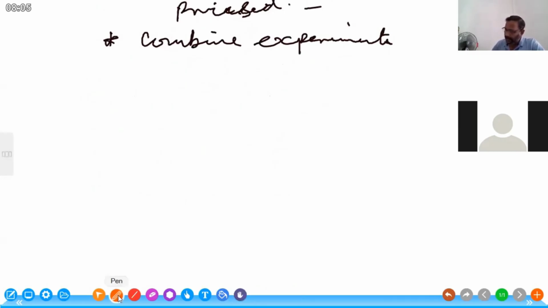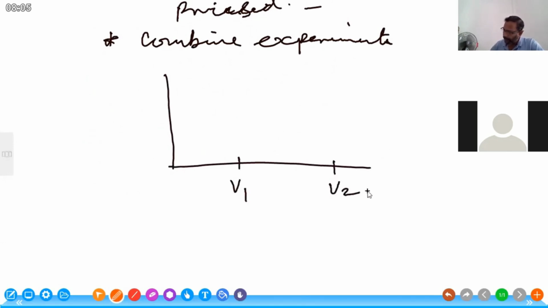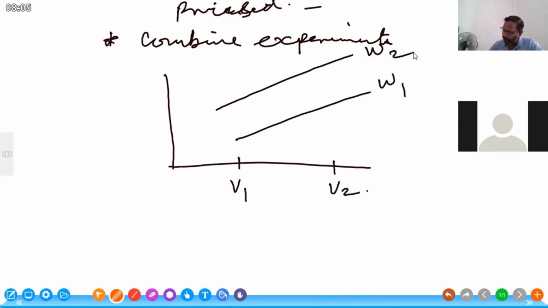And also, we said if you have, let's say, variety 1, variety 2, and we decide 1, we decide 2, this is the response. Usually we measure the yield of paddy or any crop.